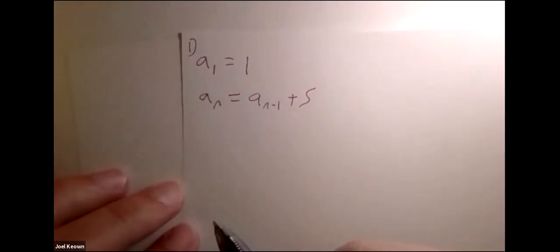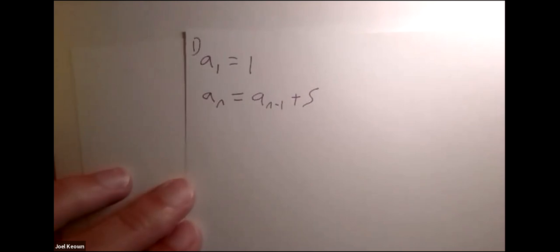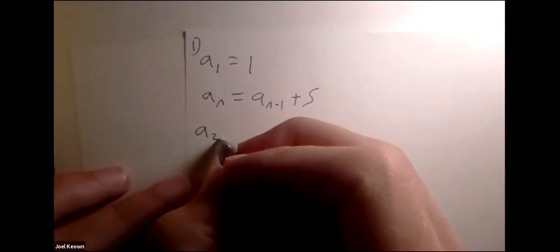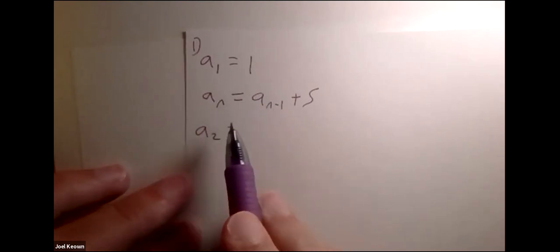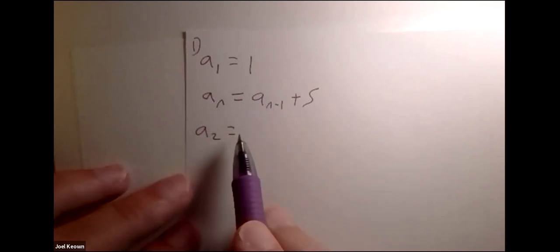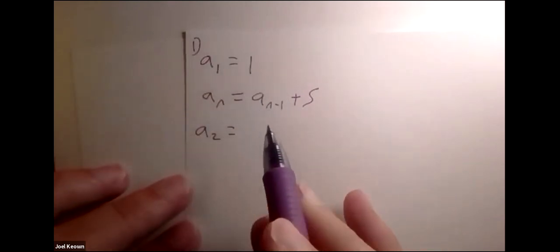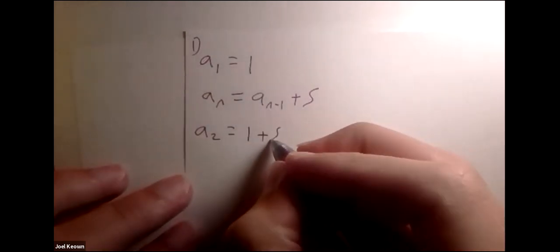They want me to find the first 6 terms. Well, they already started me off with the first one. So the next one I need to find is a sub 2. Well, this right here means the previous term. If I'm looking for a sub 2, the previous term is 1. So I'll plug 1 in right here and say 1 plus 5 is 6.